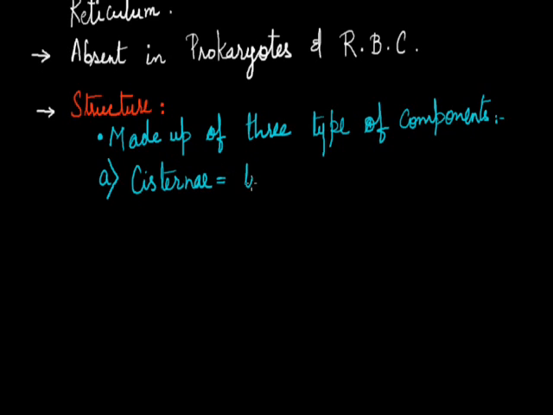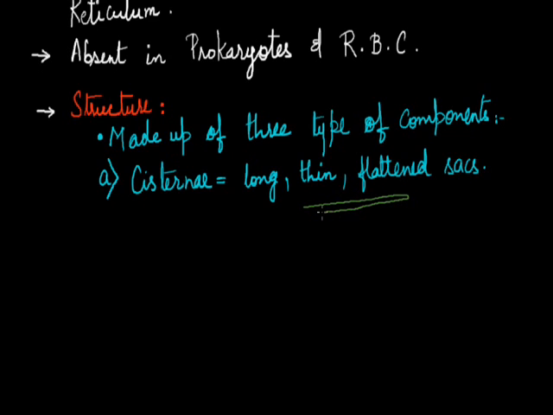Cisternae are the long, thin, flattened sac-like structures, made up of the lamellae or the membrane, and these cisternae are studded with the ribosomes, that is, on the surface of cisternae, ribosomes are present.